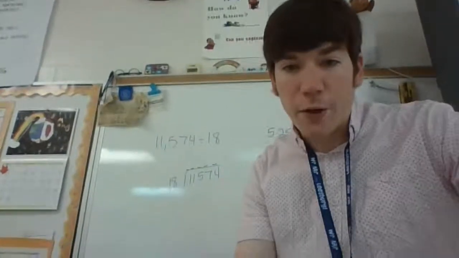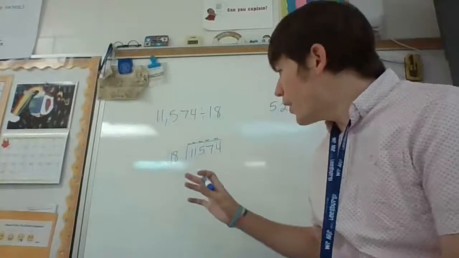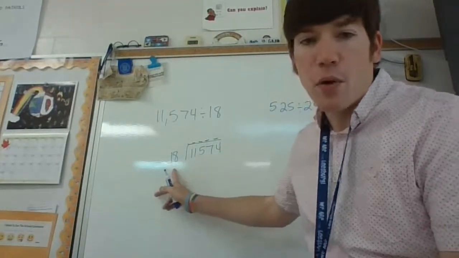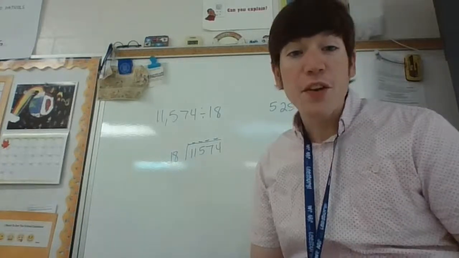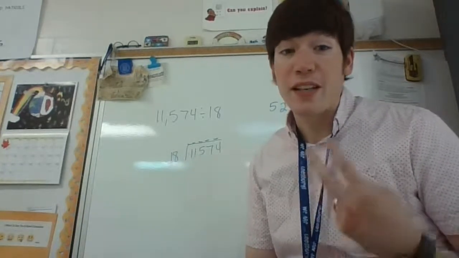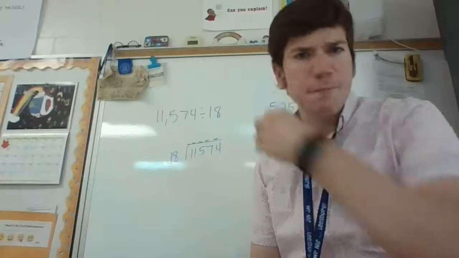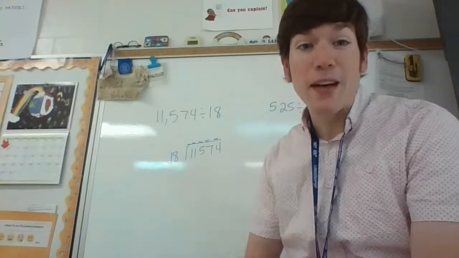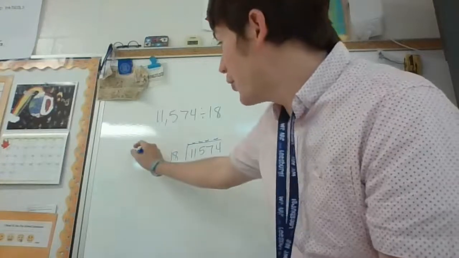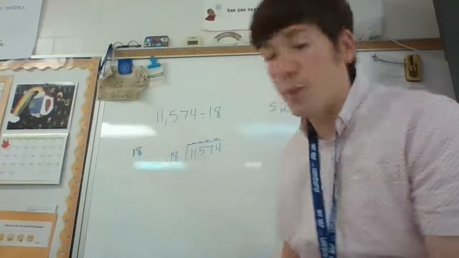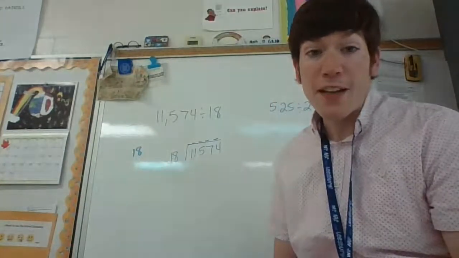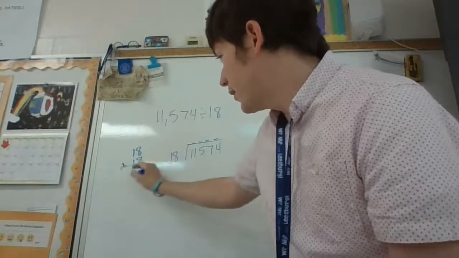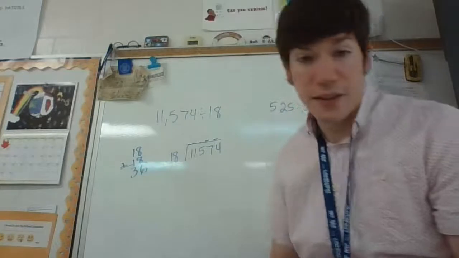Now, when we're starting here, a lot of times people like to write down multiples of this number. The difference here is you might not know multiples of 18. So I'm going to give you 2 strategies. Strategy number 1, because you might not know how to count by your 18s, you could say your first multiple is obviously 18. To find the next one, you would do 18 plus 18, which is 36.